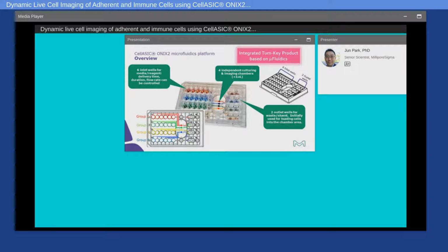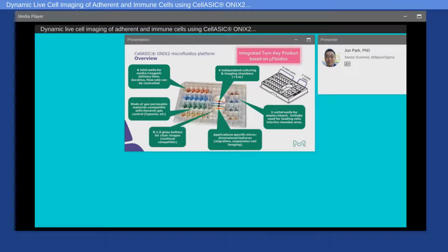Since the plate can be temperature and gas controlled, we now have a system that can offer ability to control cellular microenvironment in dynamic, on-demand fashion. Plate material is also made of gas-permeable polymer to allow dynamic gas control.